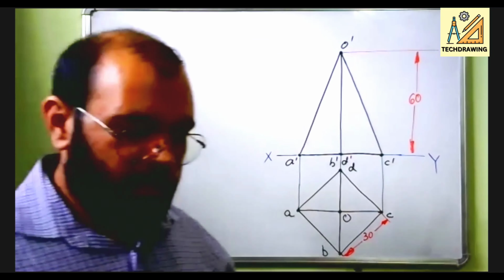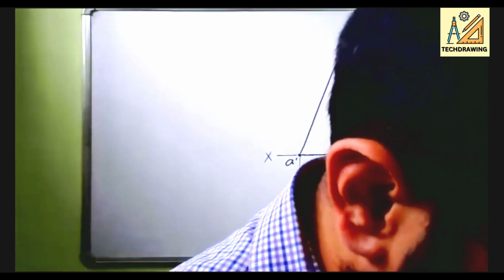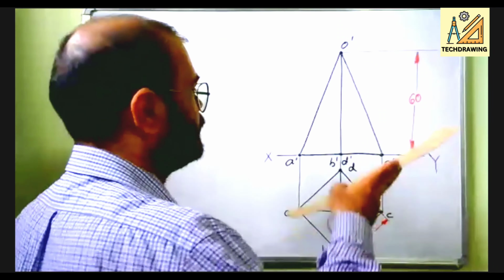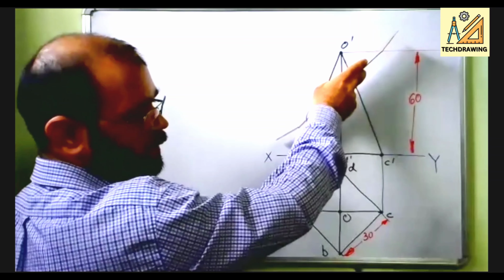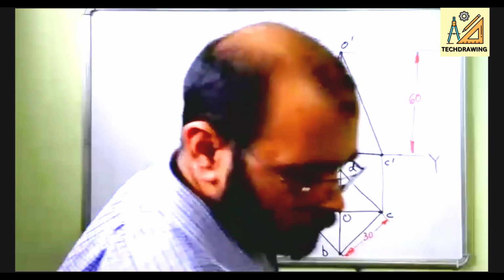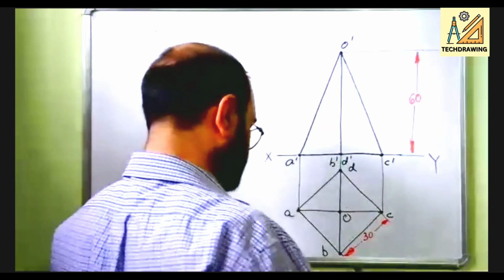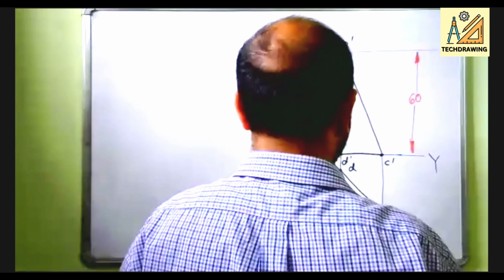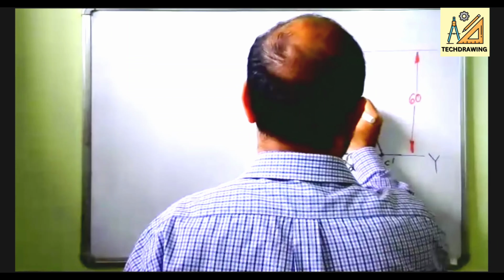So there is a cutting plane, let us say this is the cutting plane. It is cutting at the center. Bisecting means if the axis is 60, it is dividing it into two parts at 30 mm.